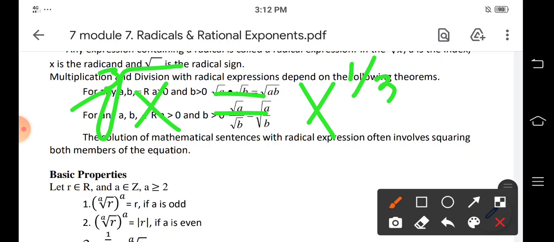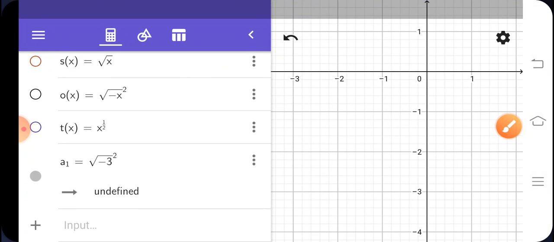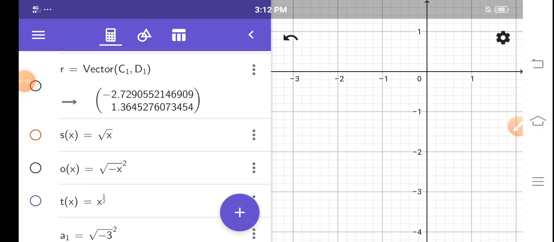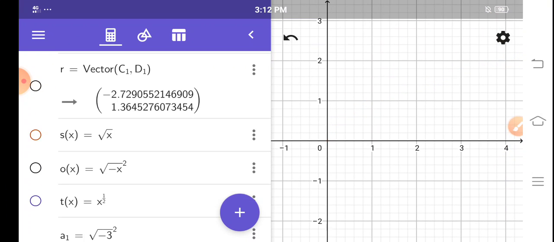Let us try to look at the graph of square root of x and x to the power of 1/2. Okay, the graph of square root of x looks like this one. So this is square root of x. Again, this is square root of x.